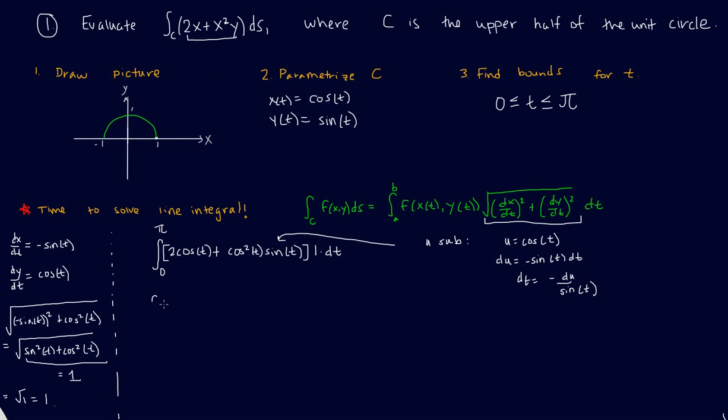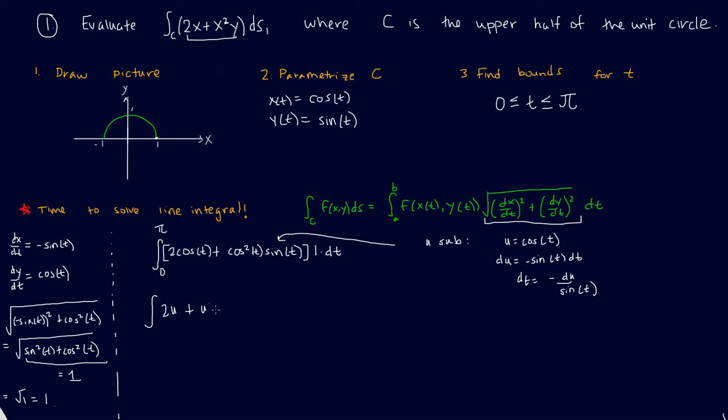So let's start by writing all this down. Well, now I don't know what my bounds are, so I'm going to leave them blank for a second. And I have 2u plus, well, cosine squared of t is u squared, plus u squared.